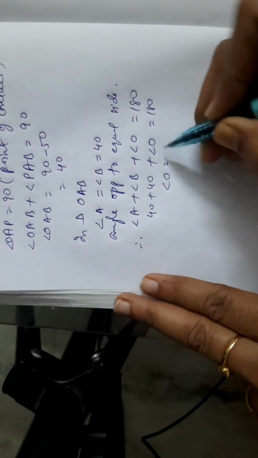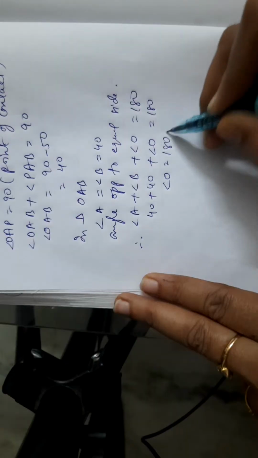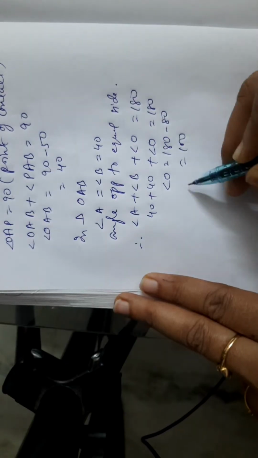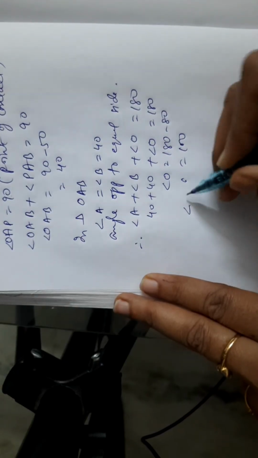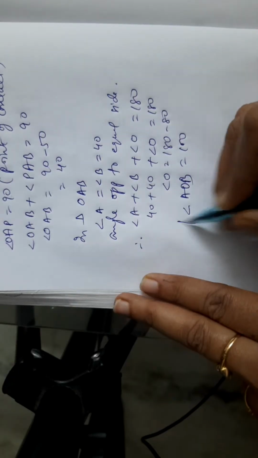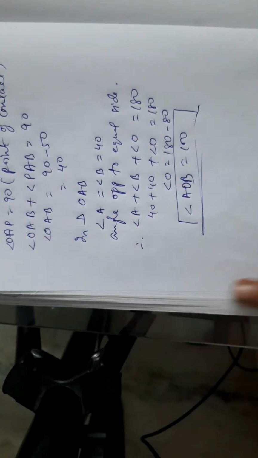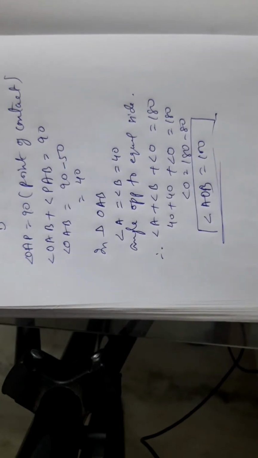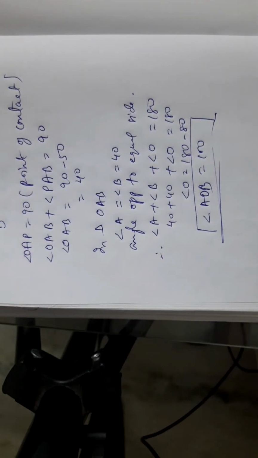So angle O is 180 minus 80, so we got 100. Angle O is AOB, this only we need to find out. Is it clear?